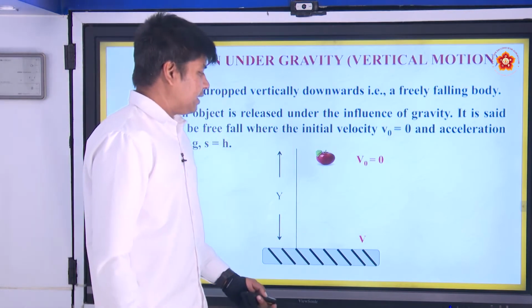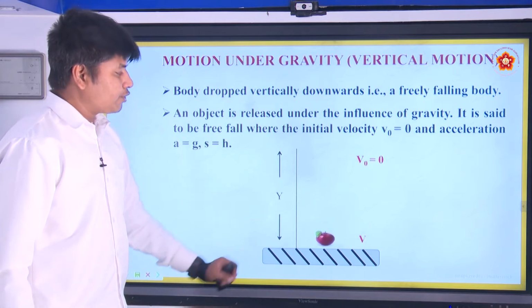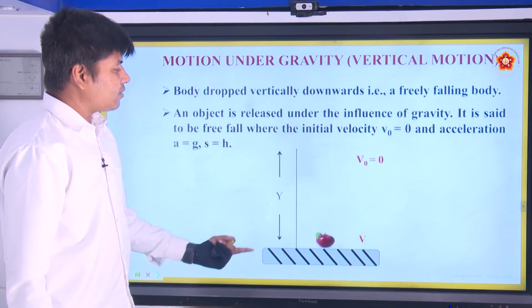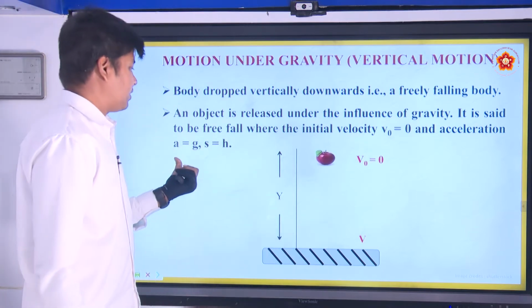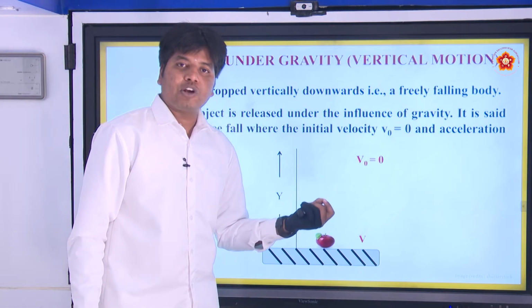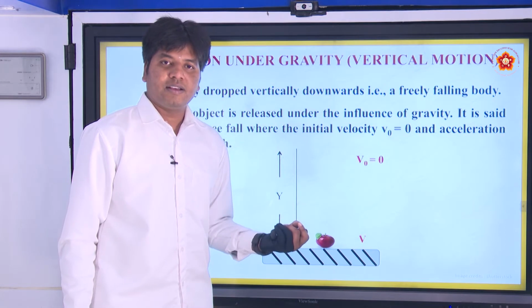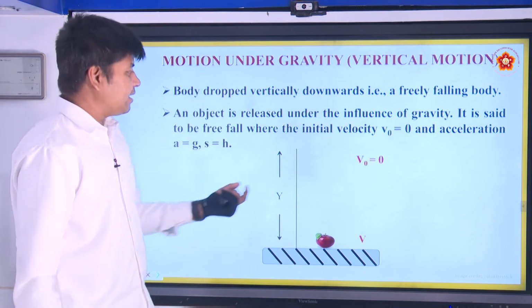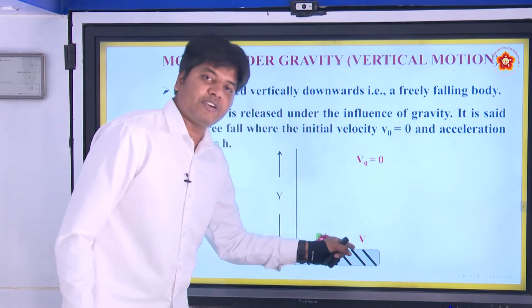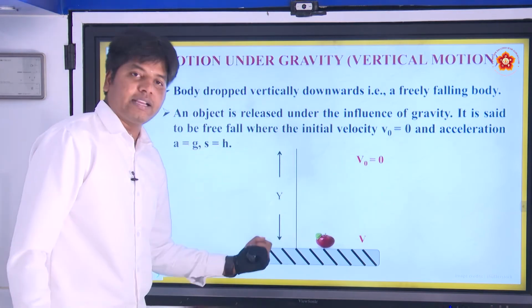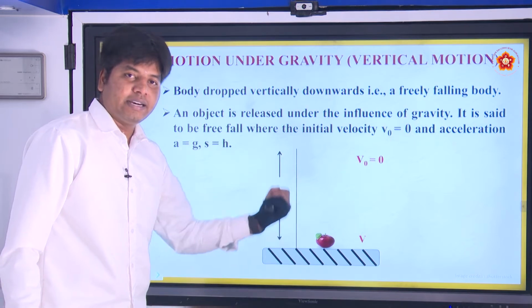So now let us see how it is moving. It comes down with the acceleration of g. So at every point the velocity is increasing, right? Because it is accelerating from velocity v equal to 0, it will gain some velocity meanwhile, because the earth is pulling it.